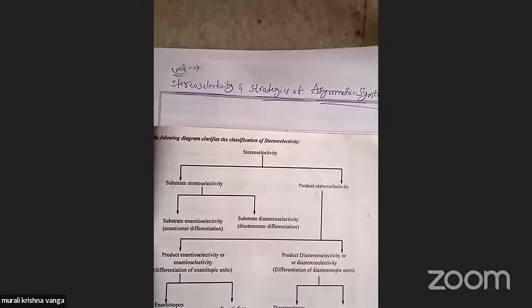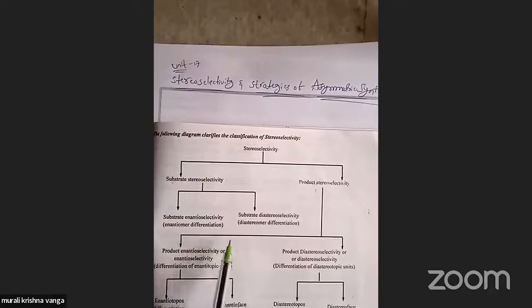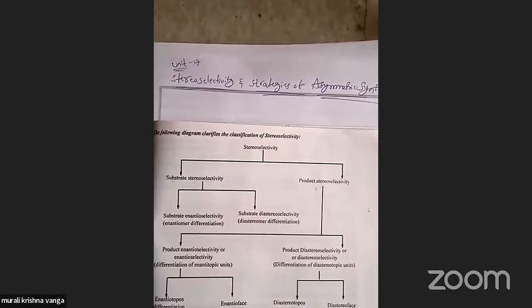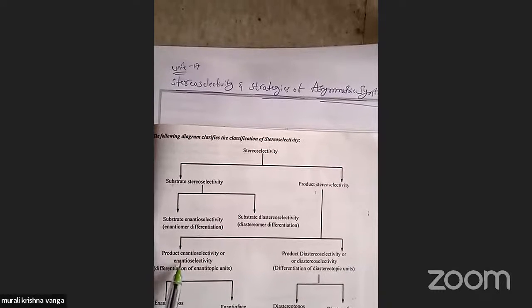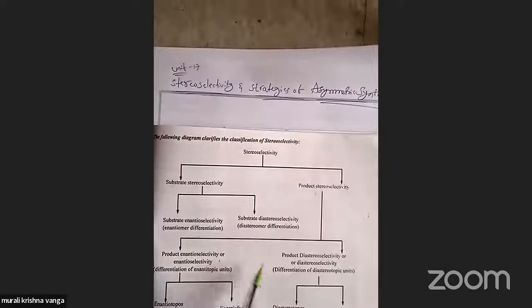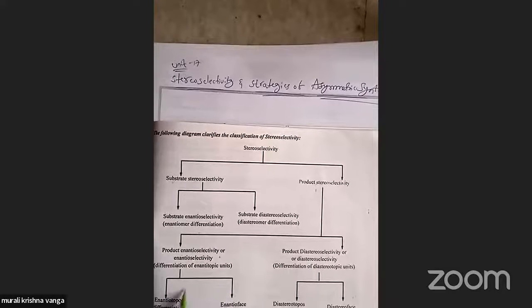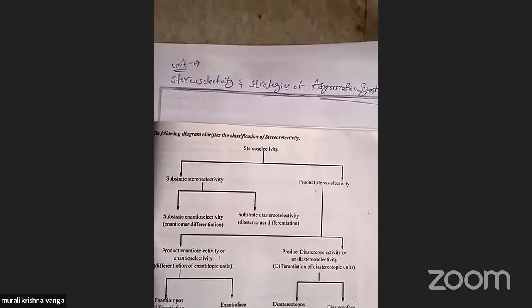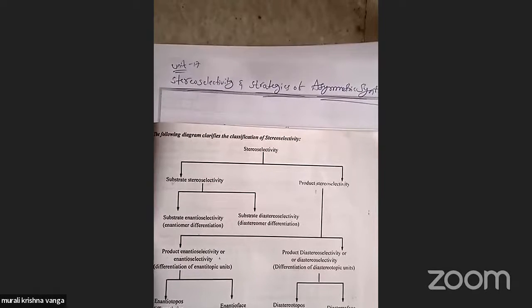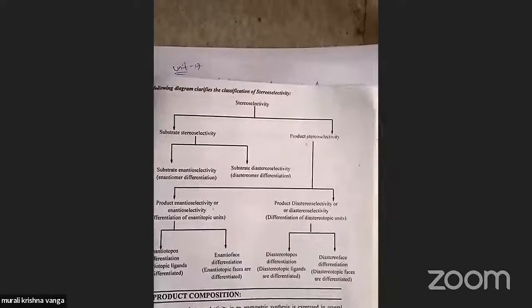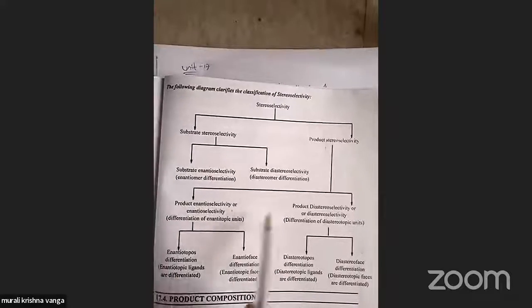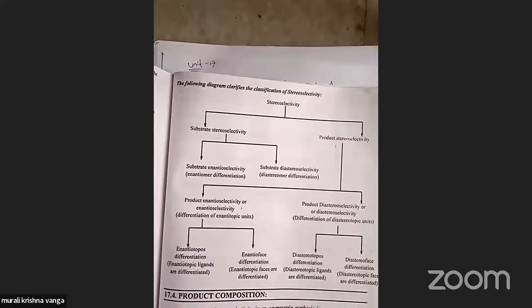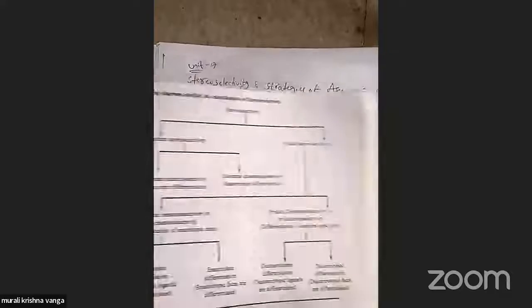Substrate stereoselectivity has two types: substrate enantiomer selectivity and substrate diastereo selectivity. Product stereoselectivity has two types: product enantiomer selectivity and product diastereo selectivity. Product enantiomer selectivity again includes enantiotopic differentiation and enantiofacial differentiation, diastereotopic differentiation and diastereofacial differentiation. So like this, differentiations are there. We are discussing these 6 things covered in stereoselectivity, one by one.